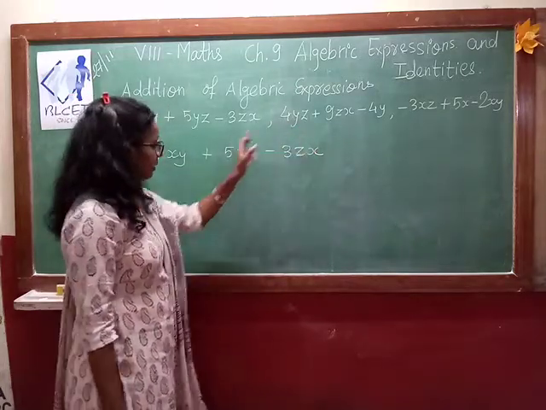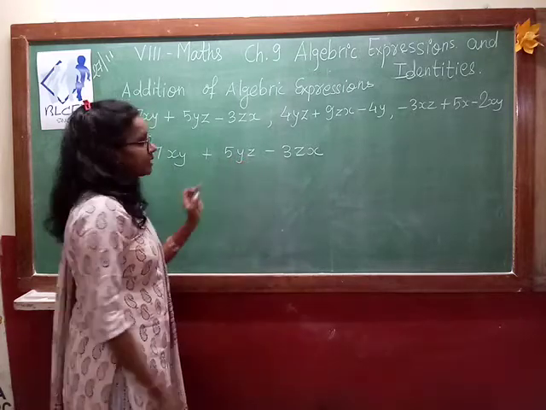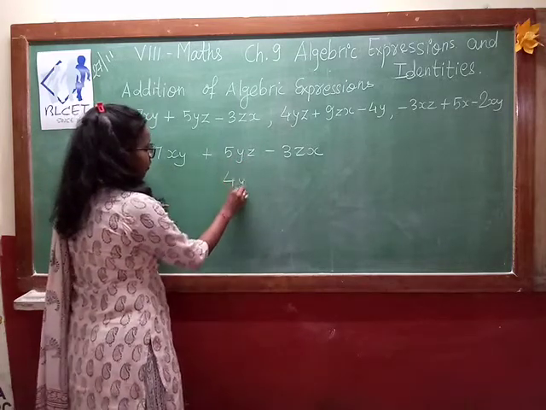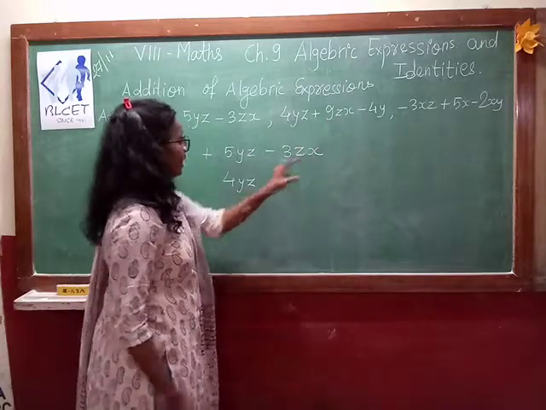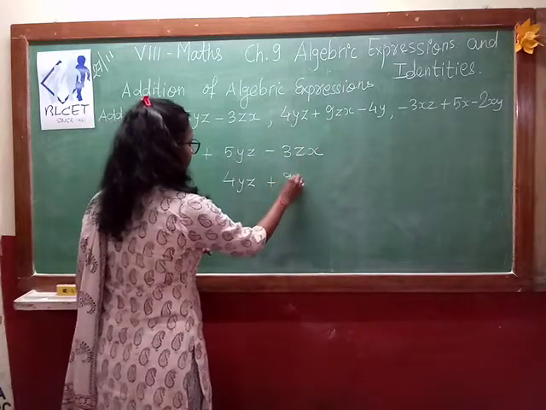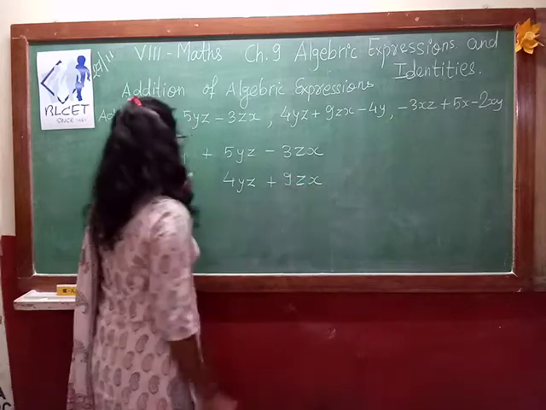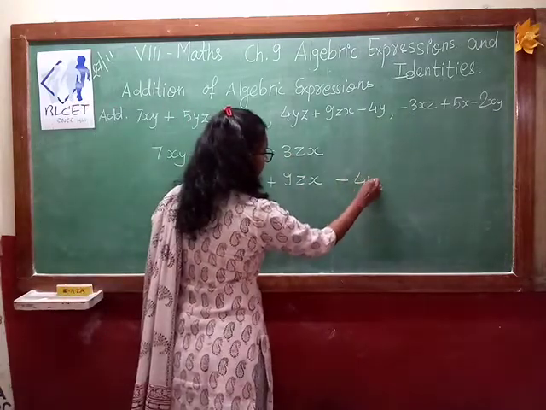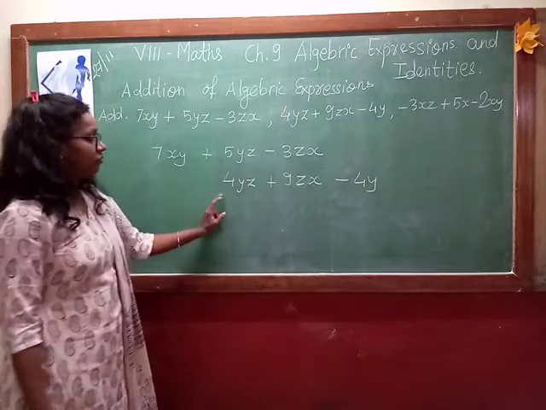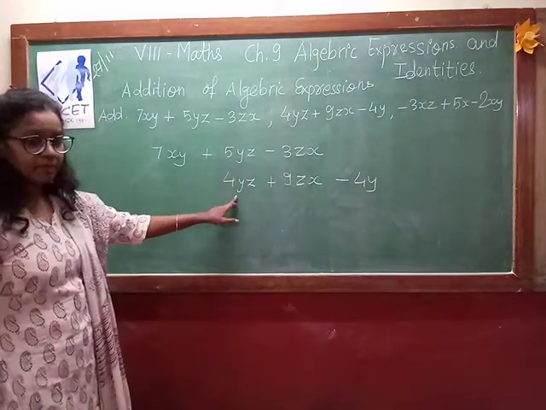4yz we have to keep below the variable yz. So this is 4yz plus 9zx. So zx, so plus 9zx. We don't have a 4y term, so that we will write at the last, minus 4y. So first and second terms are completed.